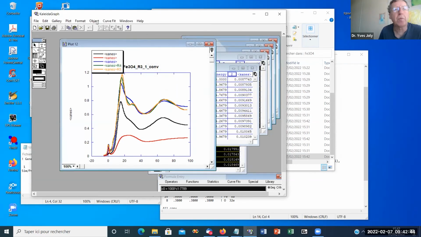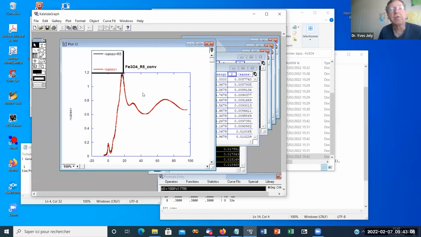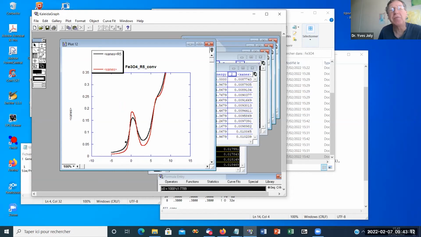And if we compare both files, the new one and only the one with radius 5, maybe. Okay, oh, it's not very different, but okay, it's a bit more resolved, in fact.